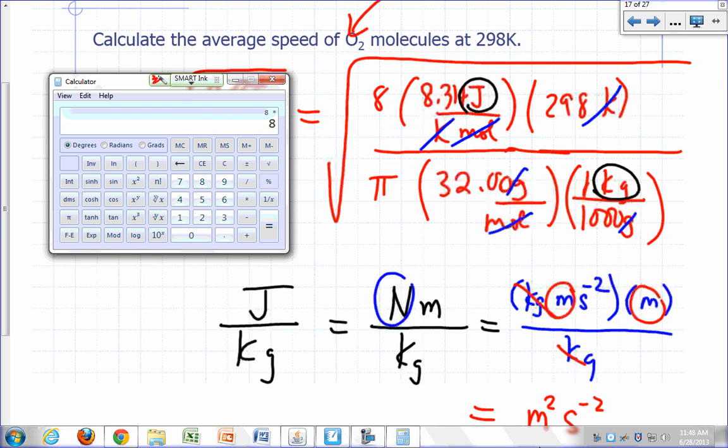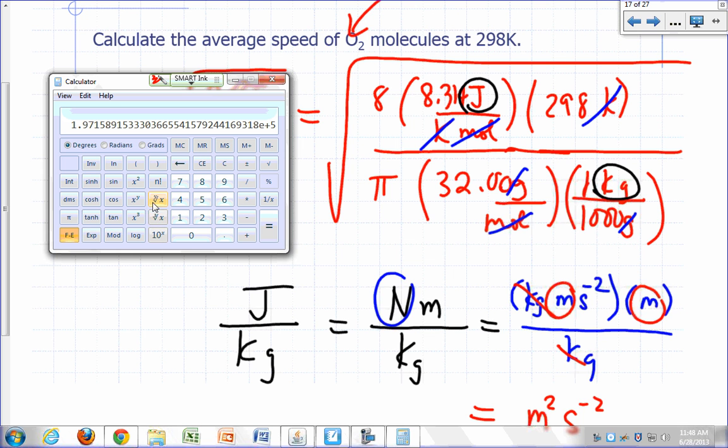So let's plug in all these numbers. 8 times 8.314 times 298 divided by pi divided by 32 and divided by 1 over 1,000, so you multiply by 1,000, and that gives you 1.97 times 10 to the 5th.